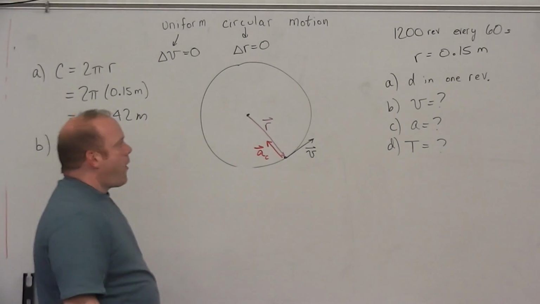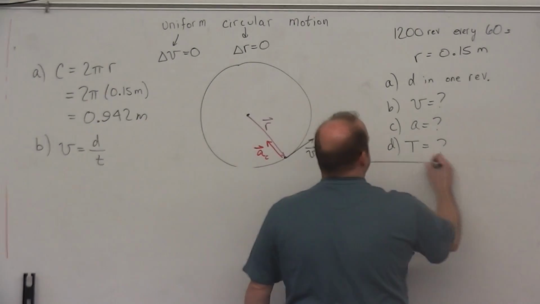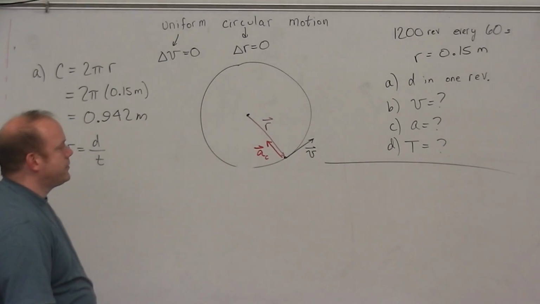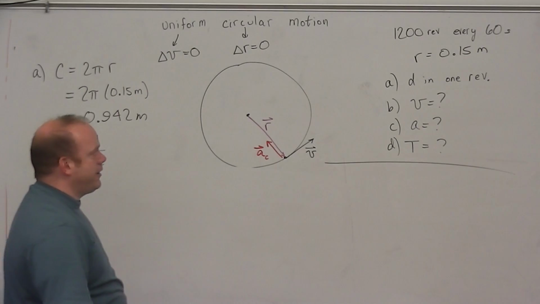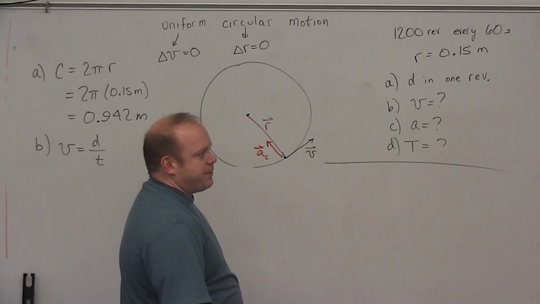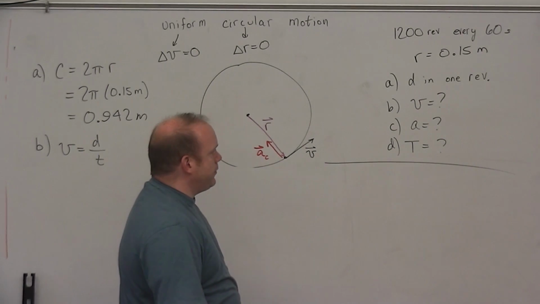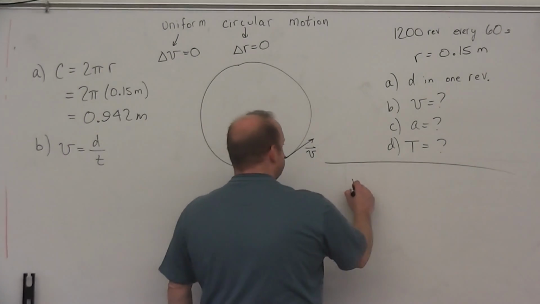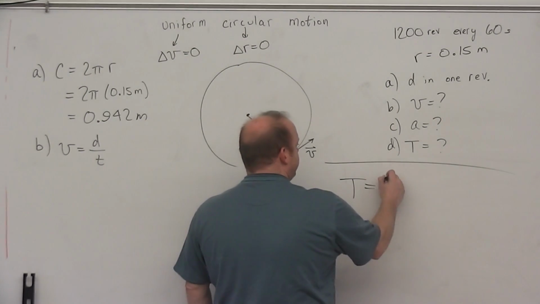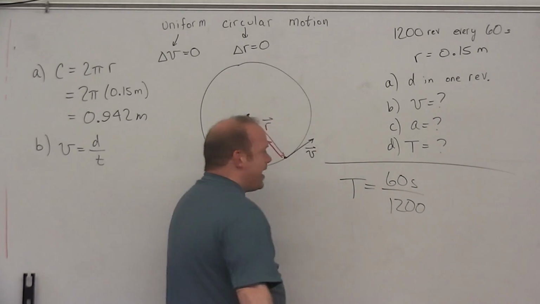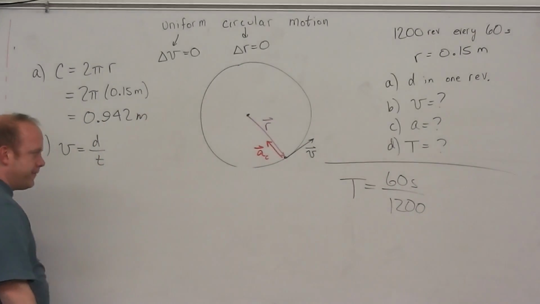So now, the period here, I think that's the way I'm going to go. Think about what the period is. It's the time it takes to complete one revolution. So period is going to be 60 seconds divided by 1,200. It doesn't have to be 2 pi r over v.